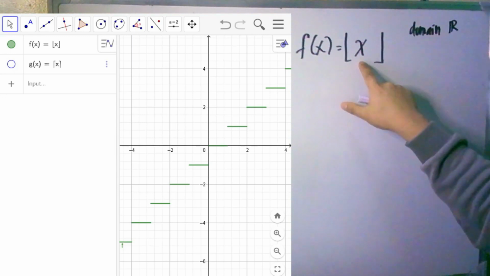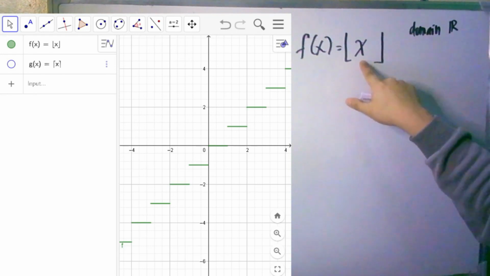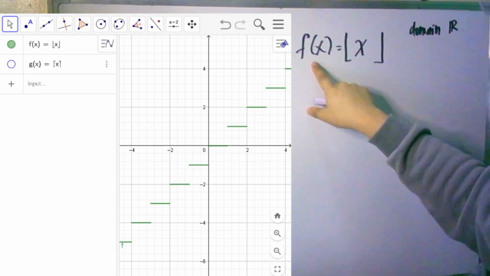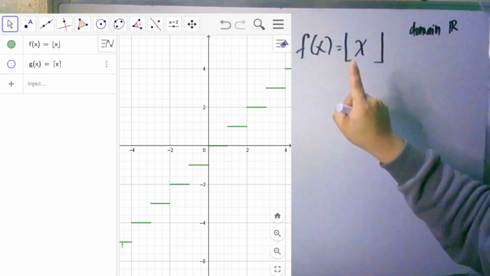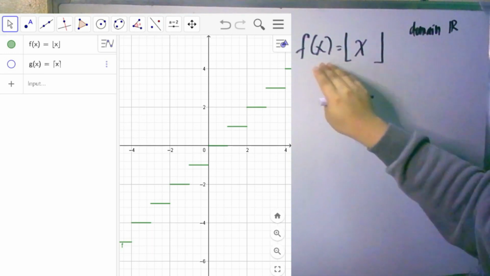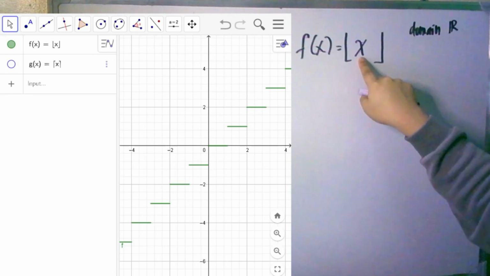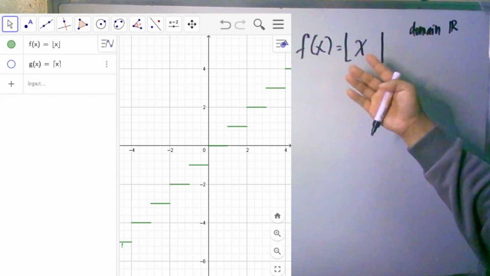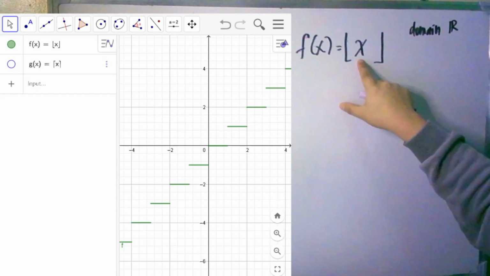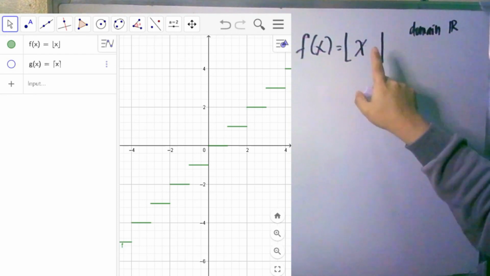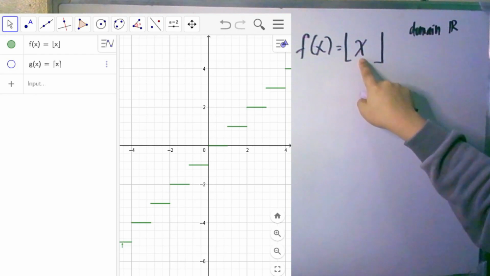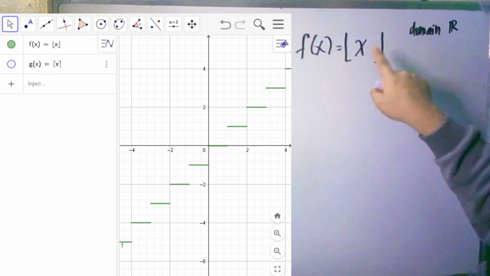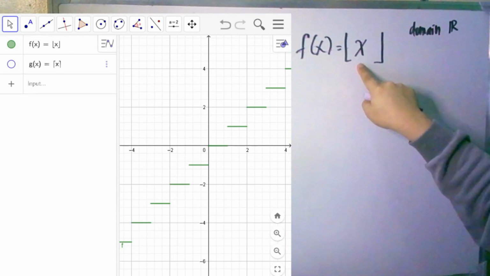Whatever number we put here as an input, the answer is always an integer, and that integer is always less than or equal to x, your input. The output cannot be greater than x. So it's an integer that is less than or equal to x, and it should be the greatest such integer, the highest integer that is less than or equal to our input.